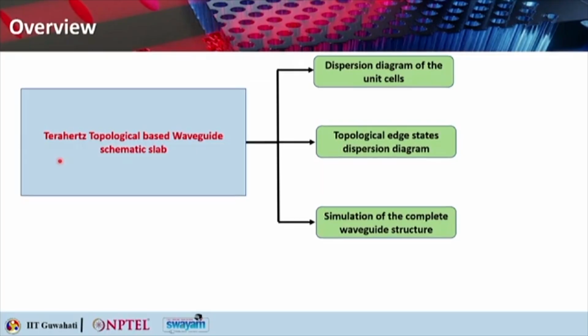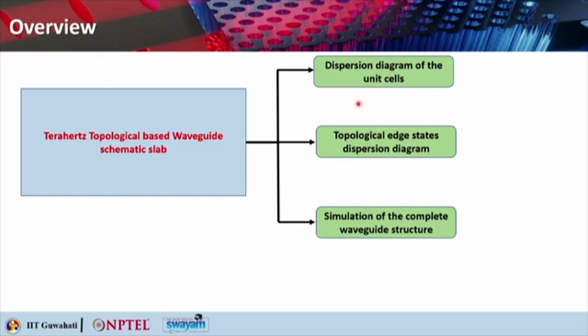So we will be talking about terahertz topological based waveguide slabs. These are also photonic crystal slabs as we have discussed throughout our course. Here we will be mainly focusing on three major aspects.